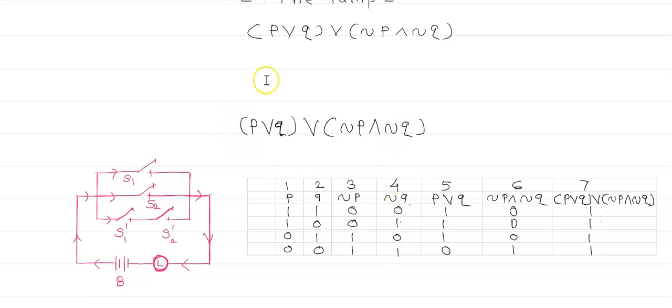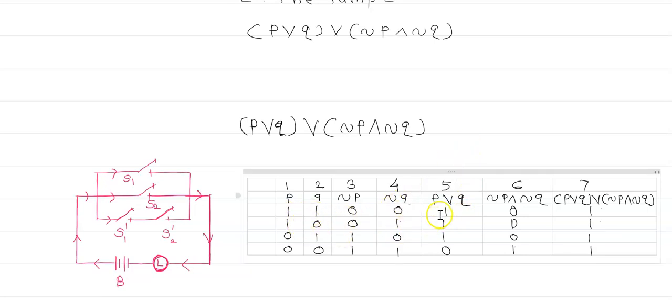Using that, we'll prepare P or Q, or negation of P and negation of Q. Now P is 1, 1, 0, 0. Q is 1, 0, 1, 0. Now their negations: negation of P is 0, 0, 1, 1. Negation of Q is 0, 1, 0, 1. Now we want to form P or Q, that is the disjunction.